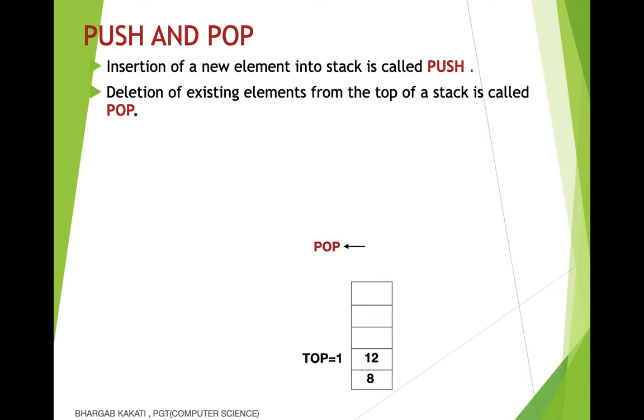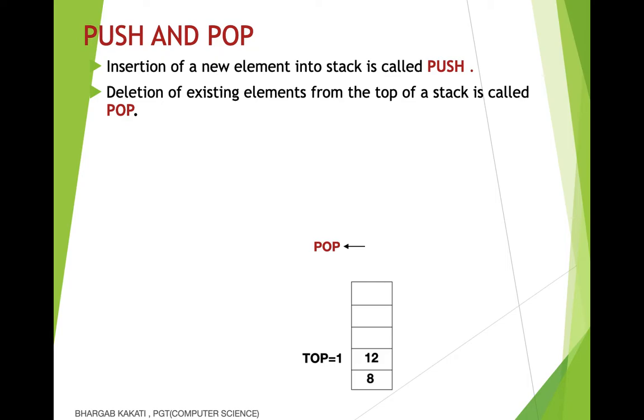Now let us see how the operation of pop will take place. In case of a stack, always remember that elements are inserted and deleted only from one end, known as the top of the stack. So which element will be removed? Even if we want, we cannot remove 8 from the stack. We have to remove 12 before removing 8.